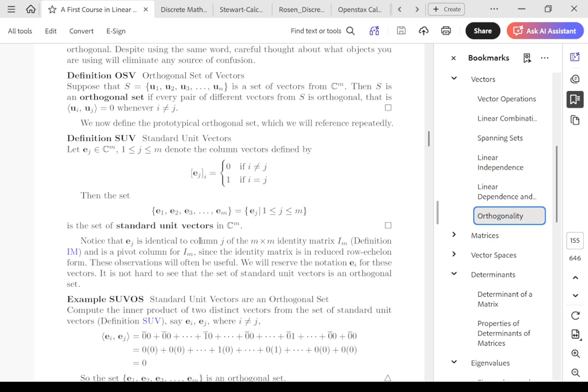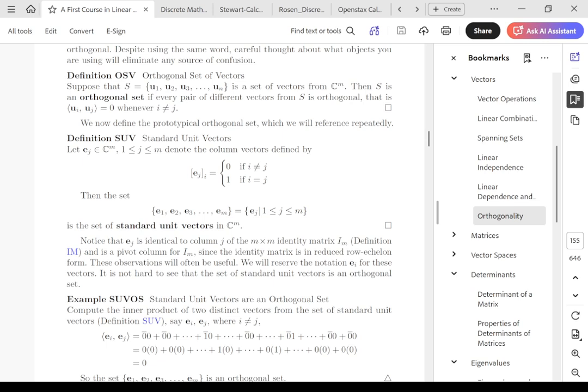Being in C to the m, but again, Euclidean m space here now. What this piecewise notation means is that if I'm looking at E1, then it's 1 in the first entry and 0 everywhere else.